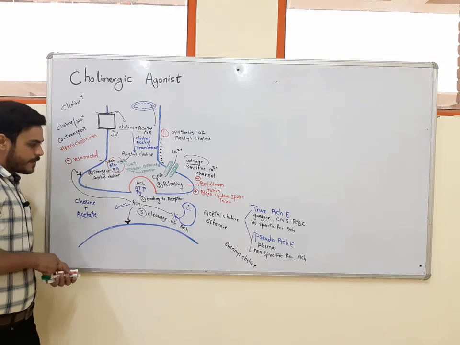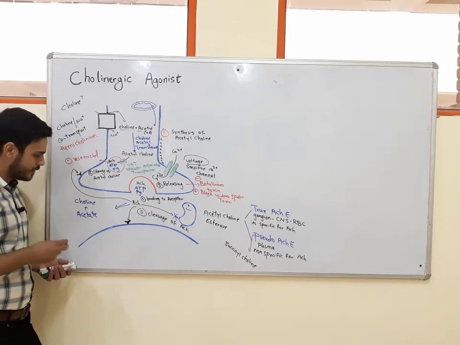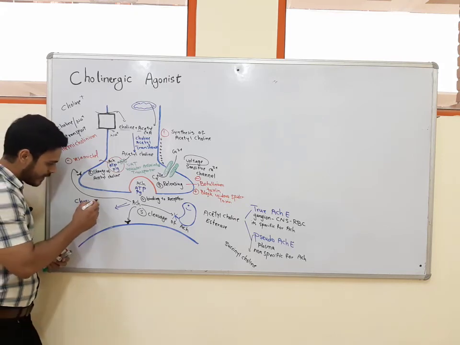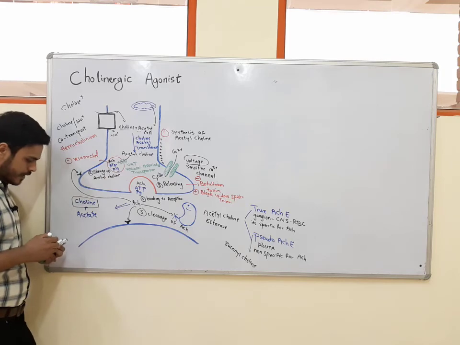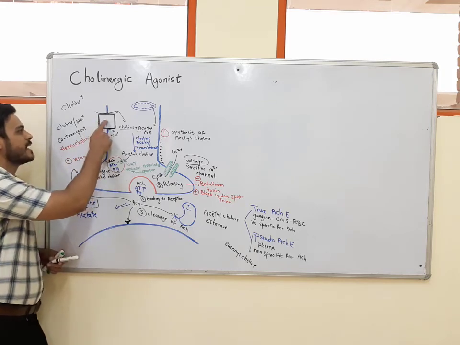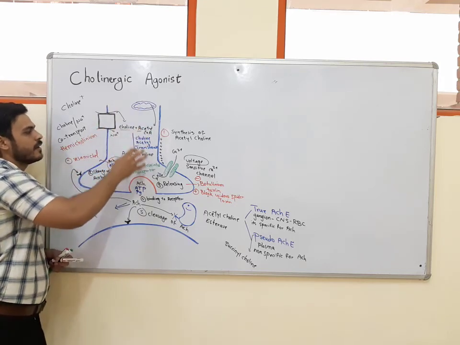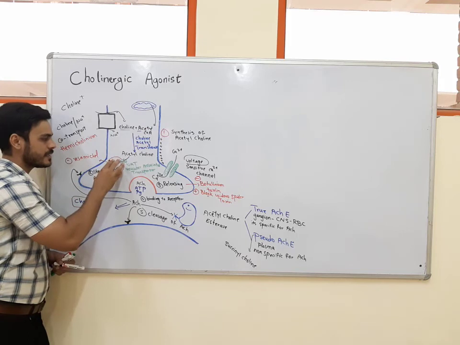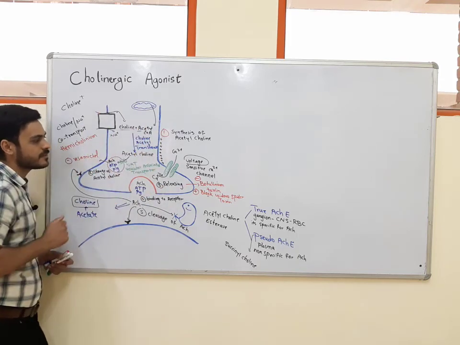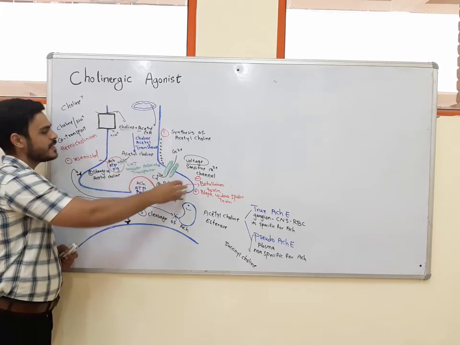The sixth step in the neurotransmission of cholinergic fibers: this choline, which is a product of cleavage, we will reuptake by this channel again, and by reuptaking we can make new acetylcholine. We can store this acetylcholine in the cholinergic nerve terminals till another action potential reaches this nerve terminal.